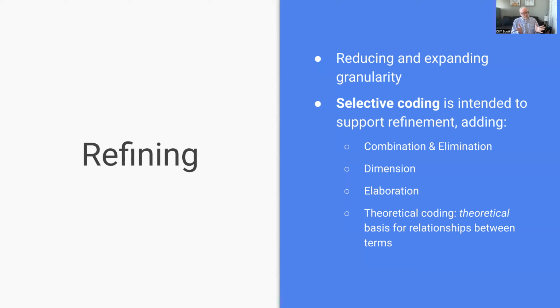either one that you're developing in a completely new way, which is a bit more challenging to do when you're relatively new to this business of qualitative research or research in general, or when you're trying to, and I think this is what happens more often, connect the categories that you've developed with existing theory.